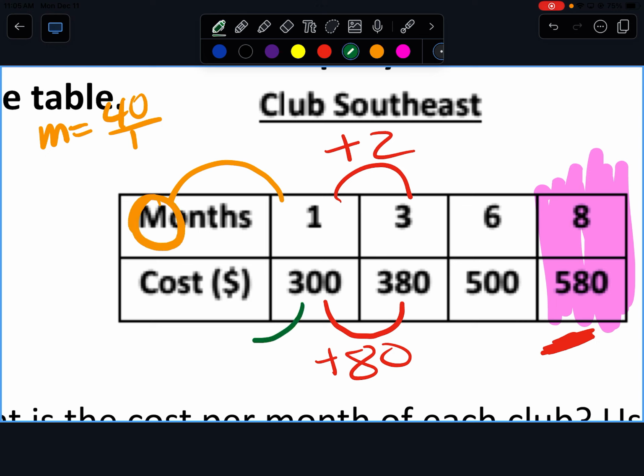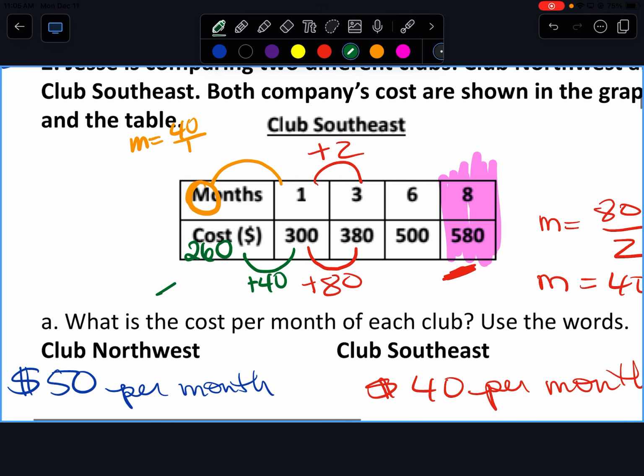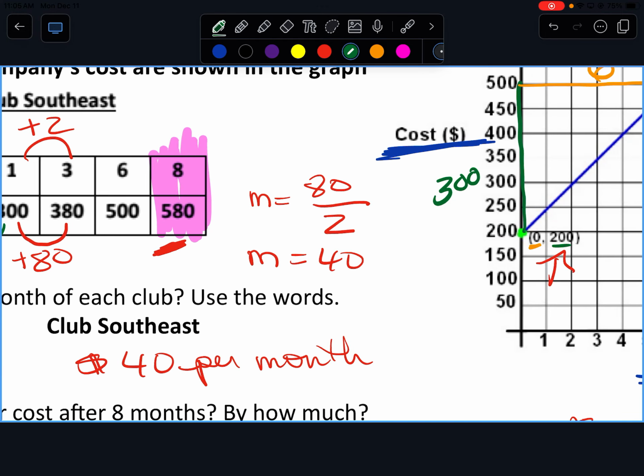And if I go back 40, so what plus 40 is going to get me 300? 260. So the initial fee for this one is 260.